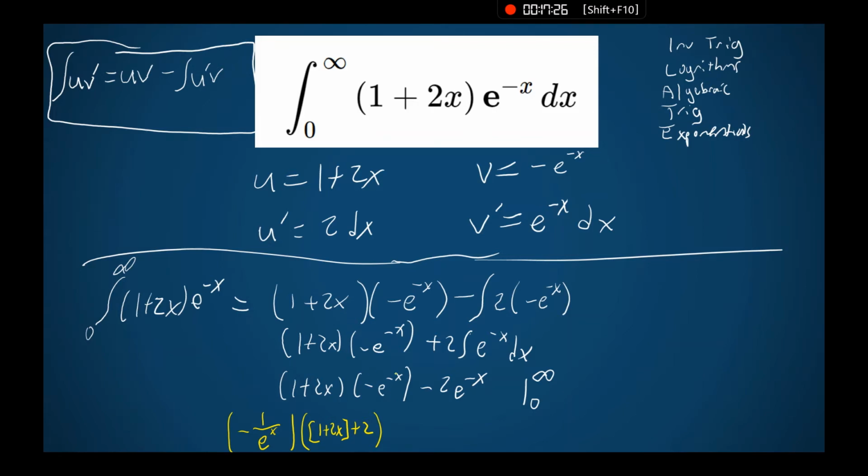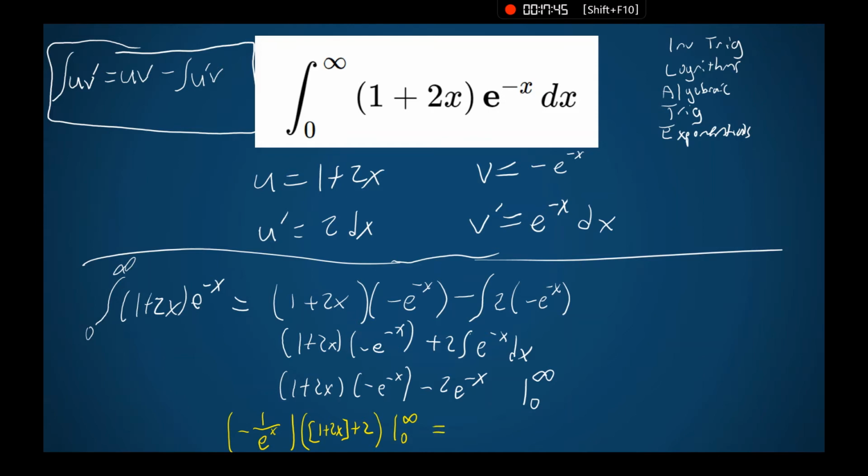So I factored out my negative e to the negative x from here and from here outside. Okay, is everyone okay with that first step? Okay, then I can plug in my upper bound and subtract my lower bound.